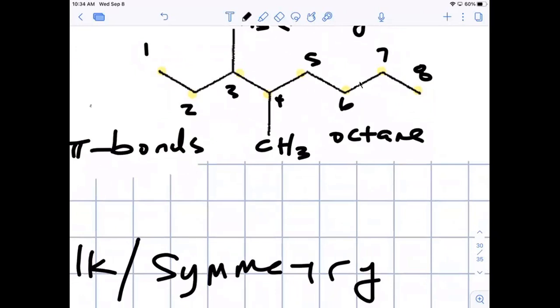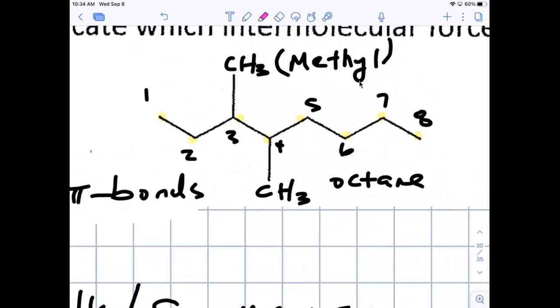And whenever we have 2 of the same groups, which we do here, both of those are methyls, we just stick a prefix in front of the name of the substituent. So this is 3,4 dimethyl octane.